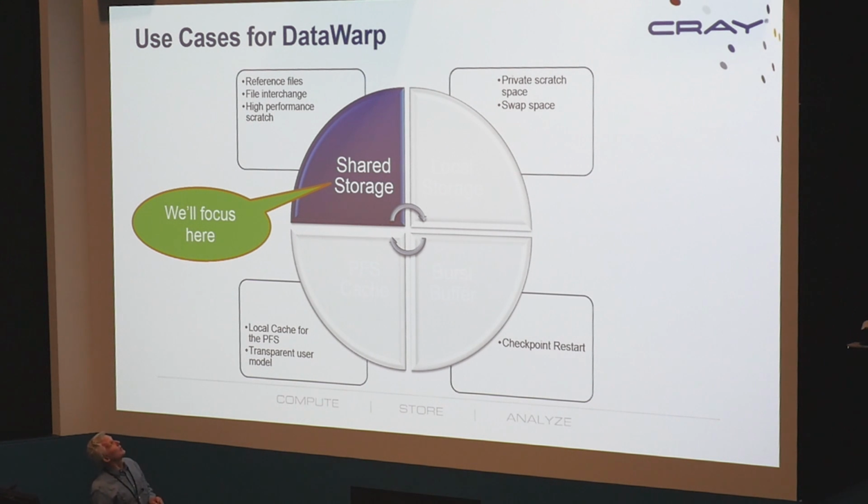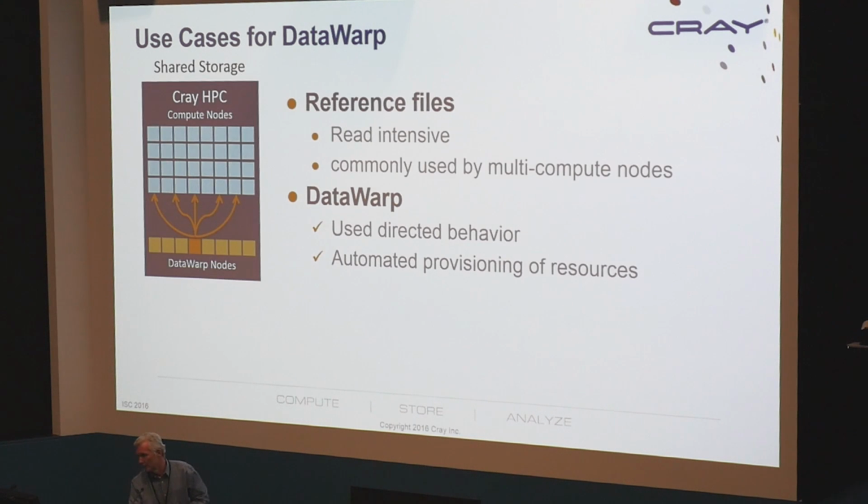There are various use cases for DataWarp. The initial item I'll talk about is the shared area, where you can do it in a couple of different manners. If all the compute nodes in a group need to read one particular area, you can cache the data on a DataWarp node, and then all the nodes can read that information out of that DataWarp node.